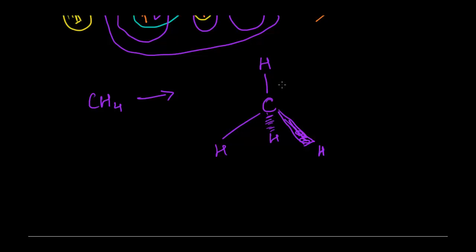And this carbon we'll say is sp3 hybridized, because to bond with these hydrogens, one s orbital and three p orbitals intermixed together and formed four sp3 hybrid orbitals.